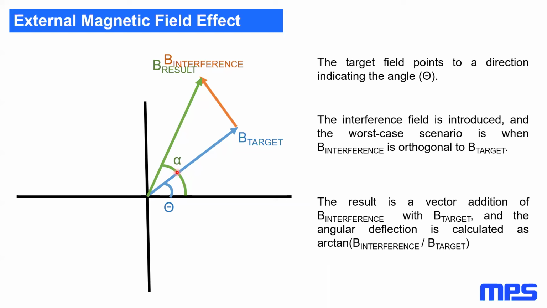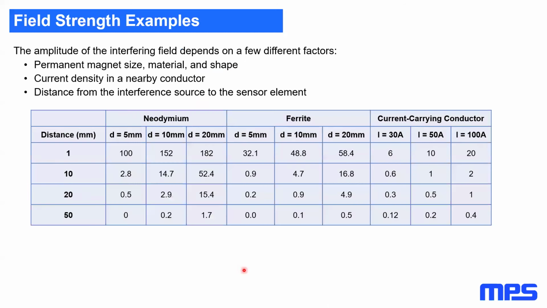Let's take a look quickly at some examples of field strength and what could cause a high alpha field, let's say. So here's some field strength examples. I'm doing 2 different things, and this works again both for a position sensor or a current sensor, but we're going to put this in the context of position sensing because it's a little less straightforward.